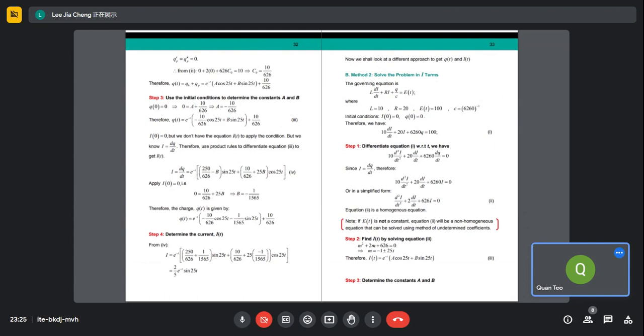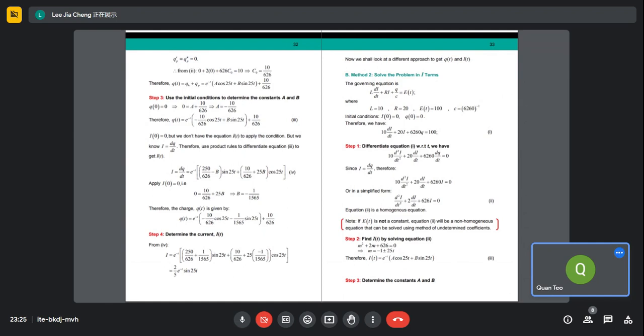After that, we substitute the constant A into the equation, then we have to find B. But we don't have the equation of I as a function of t to apply the condition.